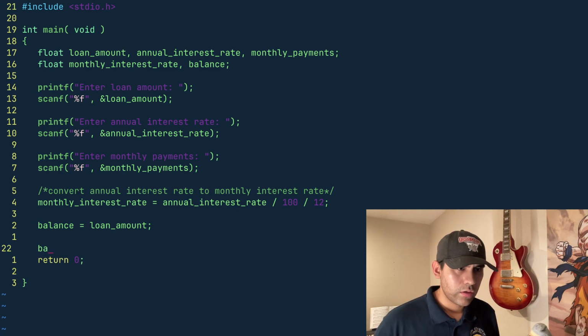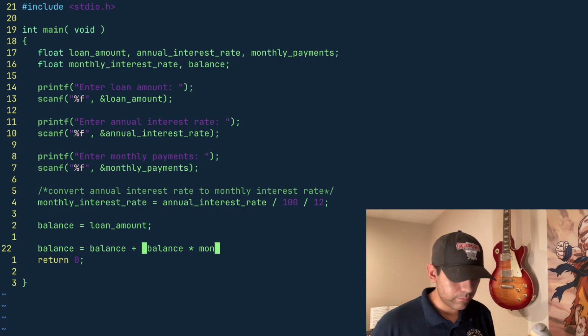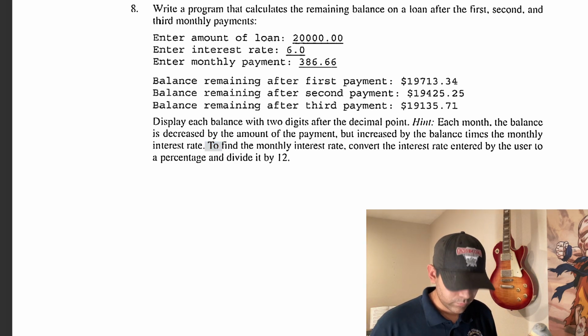All right, so balance is balance plus balance times the monthly interest rate, but increased by the balance times, so balance plus balance times monthly interest rate, minus monthly payments.